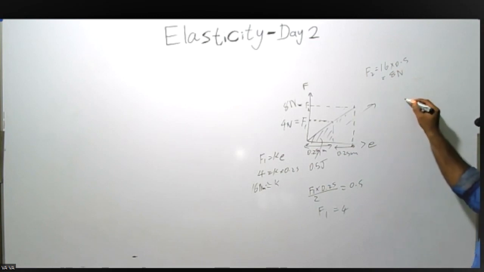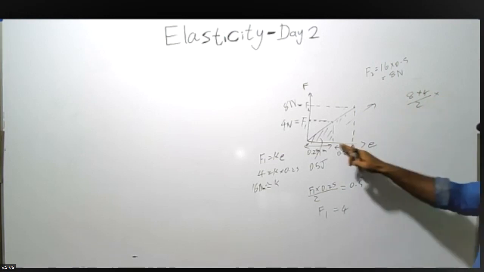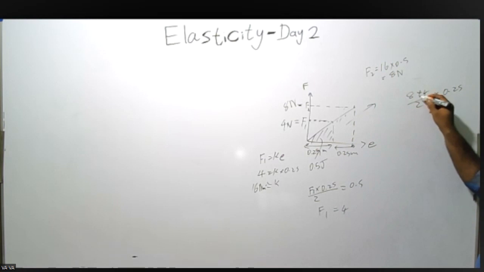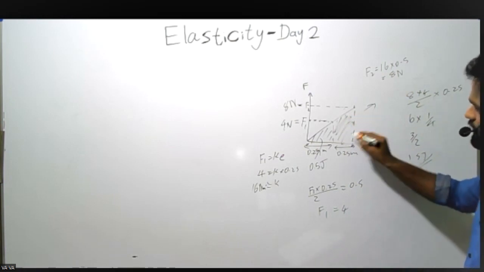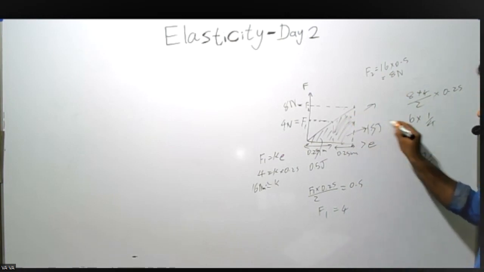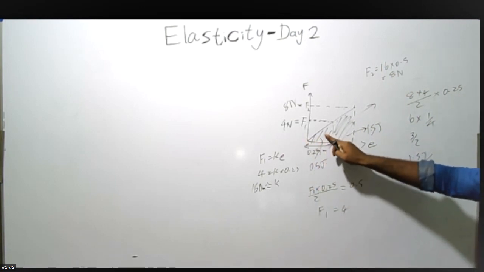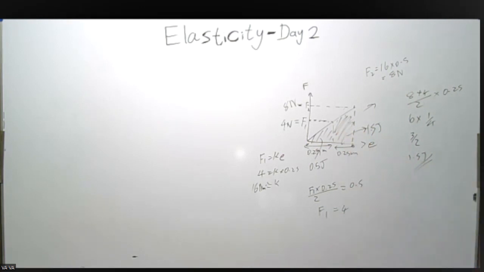Okay, let's see, trapezium. 8 plus 4 divided by 2 times the length, 0.25. 12 divided by 2 is 6, times 1 over 4. 3 over 2, that is 1.5 joules. So the area of this one is 1.5 joules. Area of this was what? 0.5. But area of the other part is 1.5.